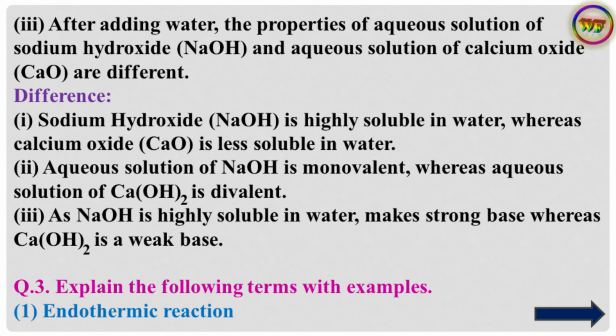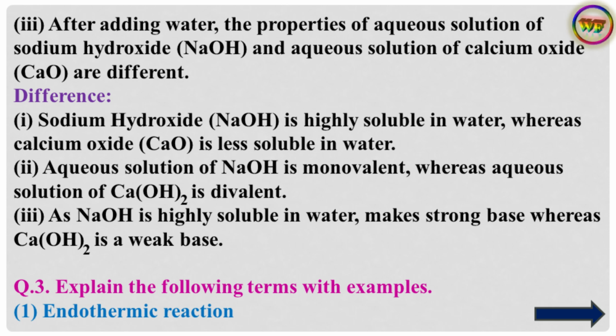Point 3. After adding water, the properties of aqueous solutions of sodium hydroxide and calcium hydroxide are different. Difference. Point 1. Sodium hydroxide is highly soluble in water, whereas calcium oxide is less soluble in water. Point 2.